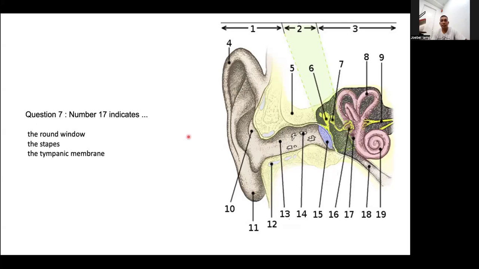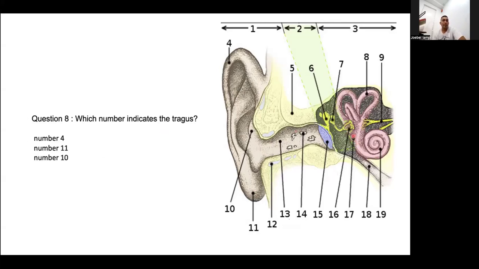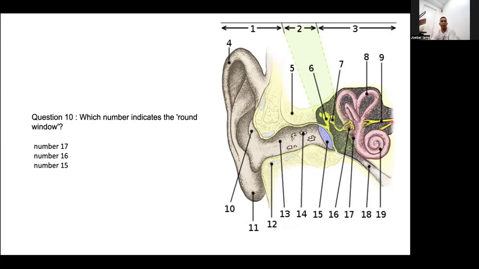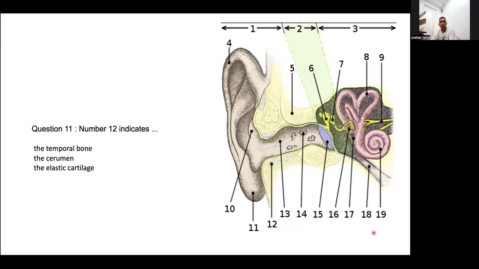Okay. Number 17. Round window. Tragus. 10. Number 9. Auditory nerve. Round window. 17. Number 12. Elastic cartilage.